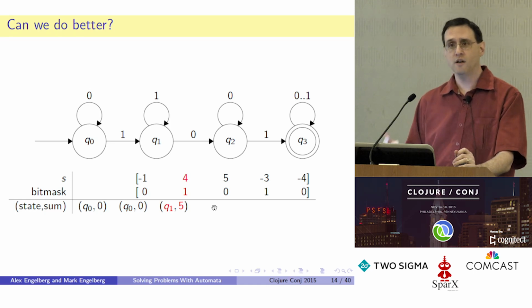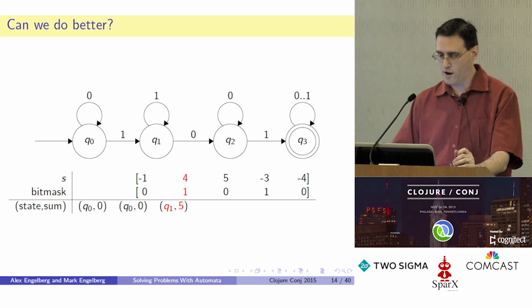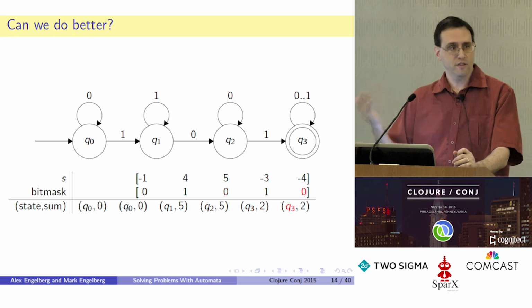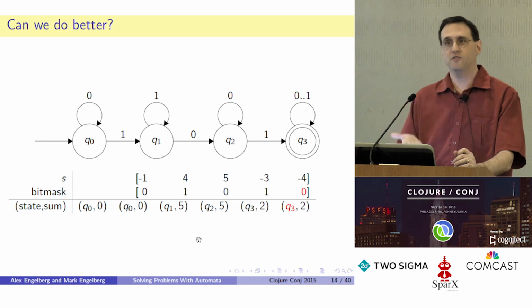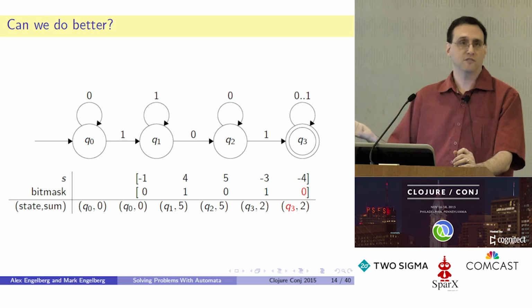When we see a 1, we update the state based on the transition diagram, and we also update the sum. And we just keep moving through the sequence like this. And at the very end, we see we're in state Q3, which means we're in the accepting state. We did find that this was a non-segment subsequence, and we know what the sum was.